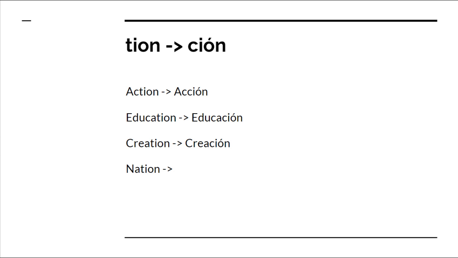And we have exactly the same thing with education, okay? In Spanish, that "tion" just changes to "sion," and that's it. You have the Spanish translation right there: educación. And as you can see, the pronunciation is a little bit different. In English, the A is the strongest sound, but once again, in Spanish, the O is the strongest sound.